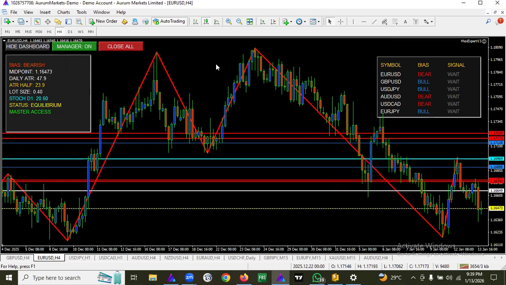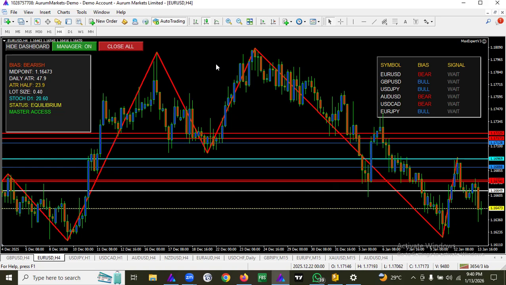The timer is for the daily time frame. When the daily candle will close, that's the timer. And the daily ATR, I understand that.